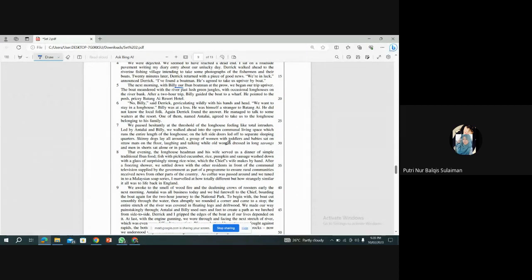After a freezing shower, we settled down with the other residents in front of the communal television supplied by the government as part of a program to ensure rural communities receive news from other parts of the country.